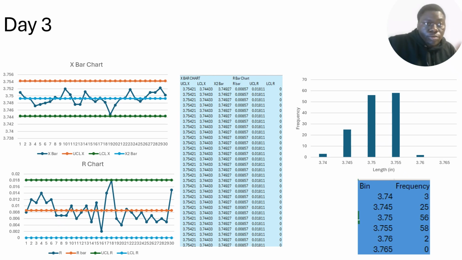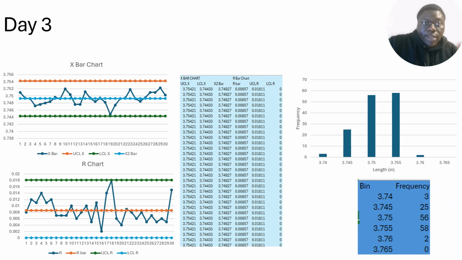For day 3, which is part 3 of the 6.1 case study, I had to create an X bar chart and a histogram, not including the past 2 days. So I just repeated the steps for the X bar chart and the R chart. I found the X bar with the given information from the stats from the quality control sheet.